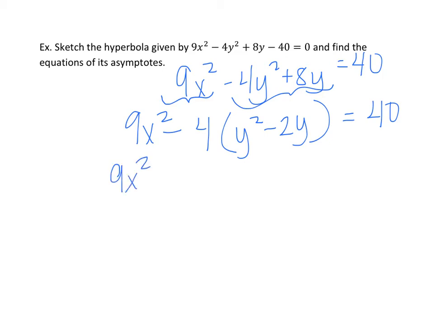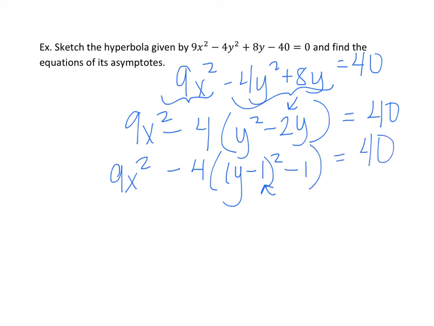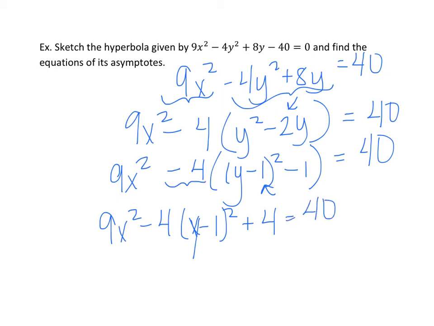9x squared stays out here, minus 4, double parentheses, y minus half of this number, squared, always subtract. 1 squared is 1, close, equals 40. Distribute. 9x squared minus 4 times y minus 1 squared plus 4, remember you're distributing a negative 4, equals 40.